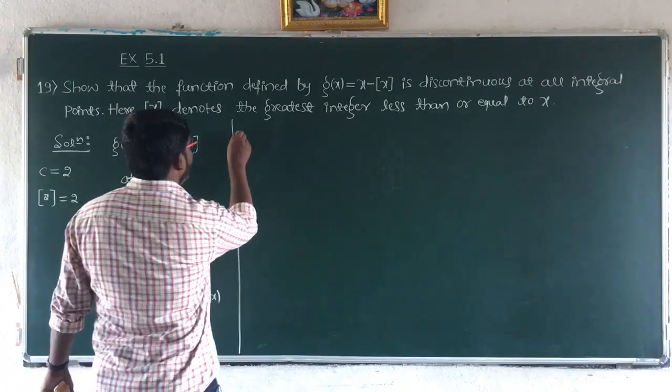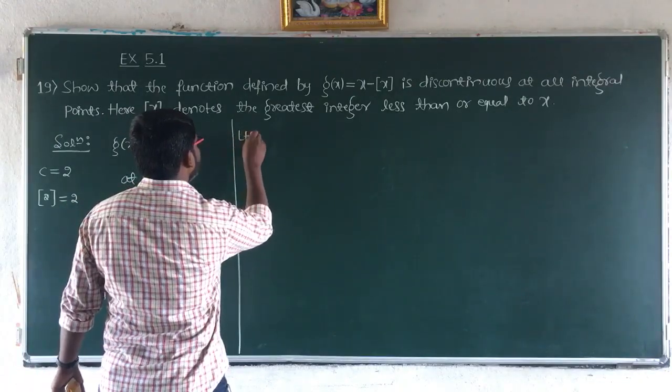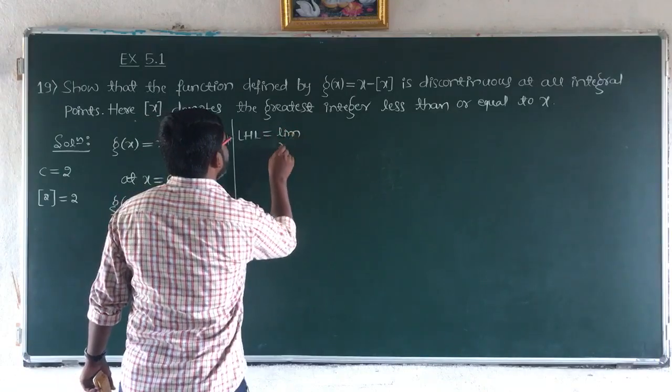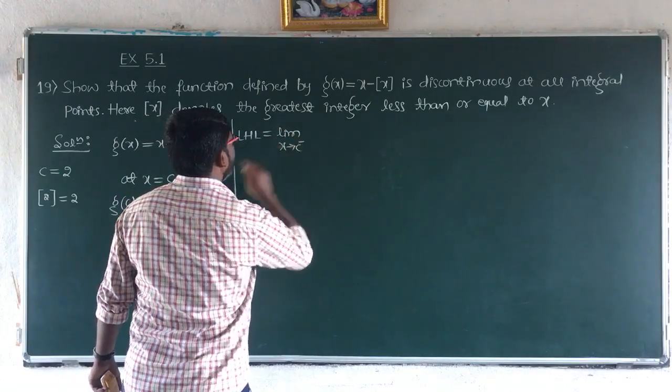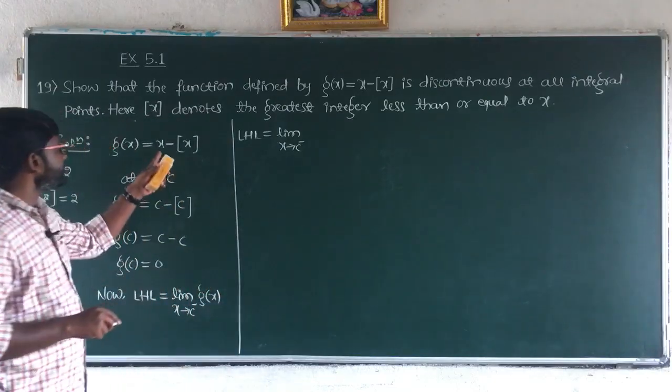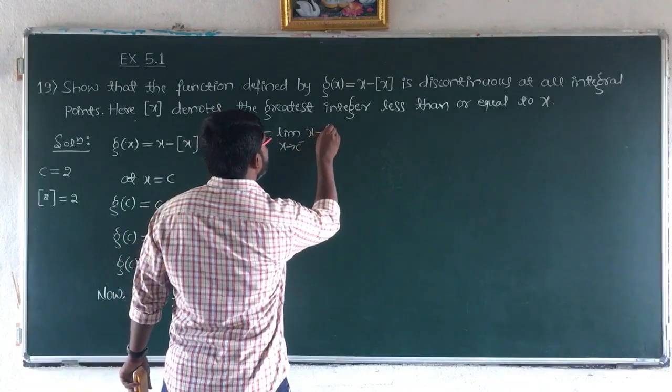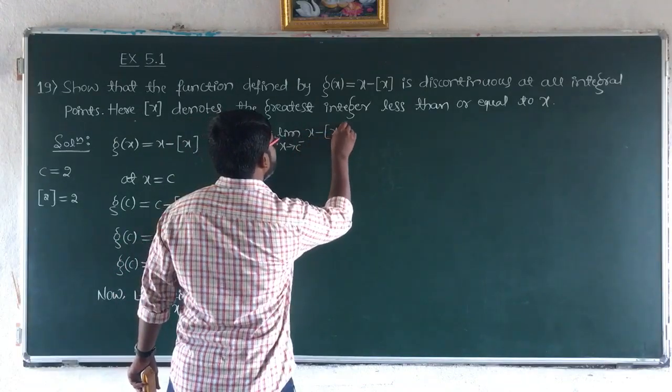So, see here, LHL which is equals to limit x tends to c minus g of x. It is x minus greatest integer x.